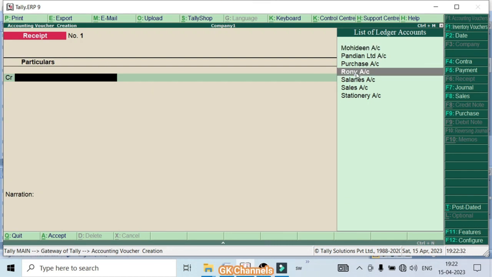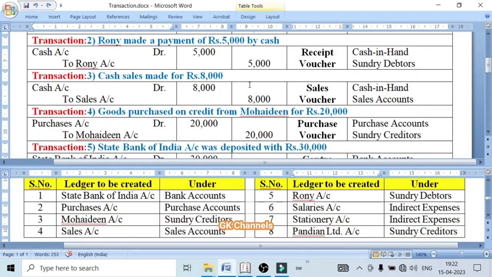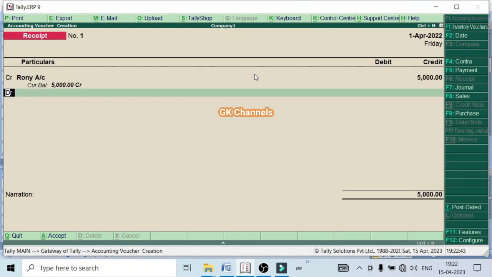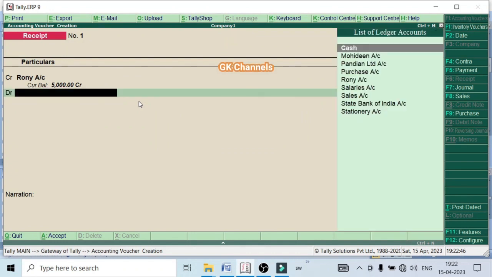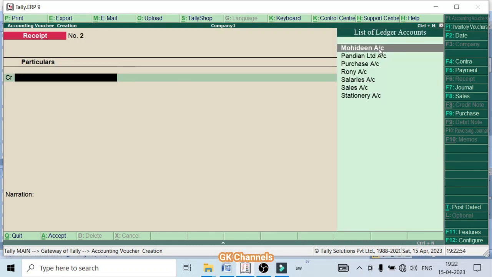So credit Roni account, and the amount is 5,000. I am typing 5,000 amount, and debit cash account, automatically amount 5,000 will come. Control A to save this transaction or accounting voucher.